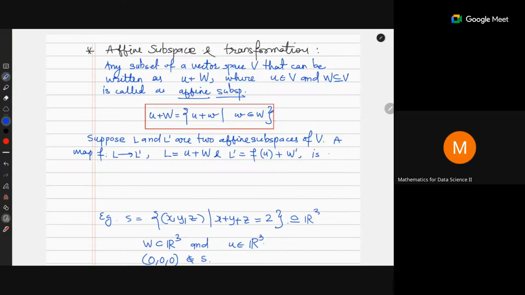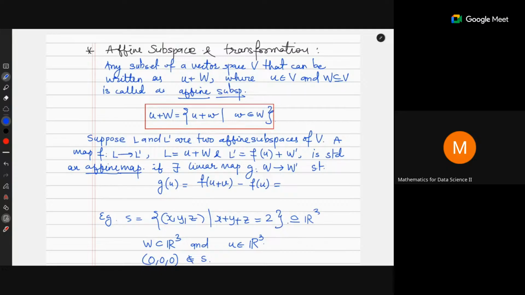The map is said to be an affine map if there exists a linear map G from W to W prime such that G of B is equal to F of U plus B minus F of U. So this is a well-defined map from this to this.